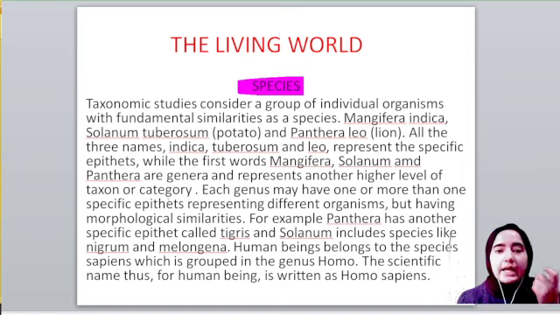I have one nose, they also have one nose. I have two ears, he also has two ears. I have one mouth, they also have one mouth. This is species. Species is a group of individuals having fundamental similarities.